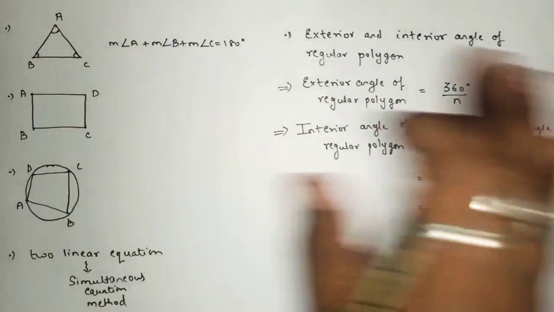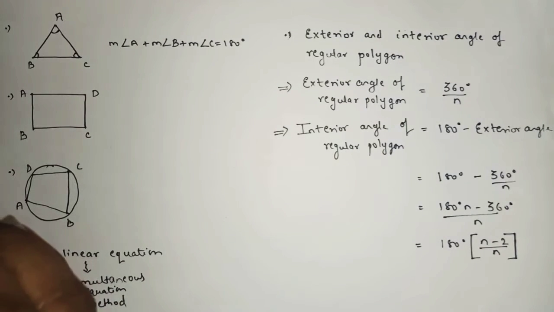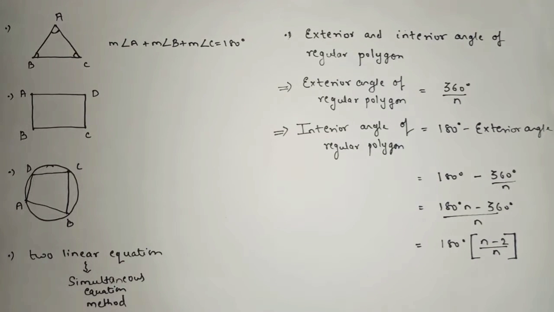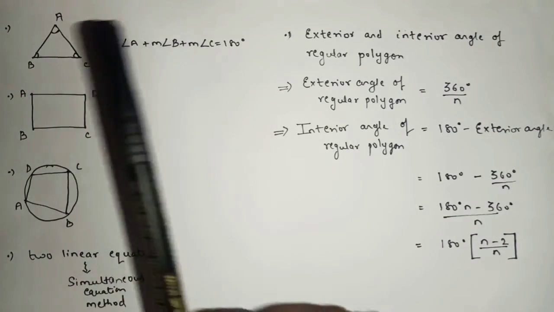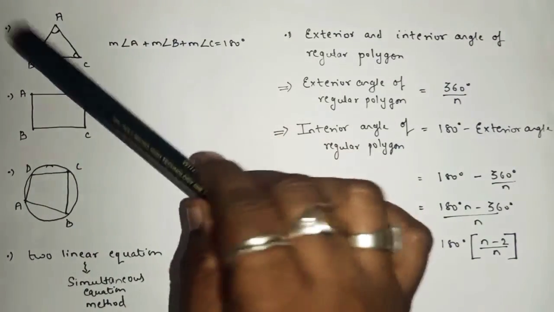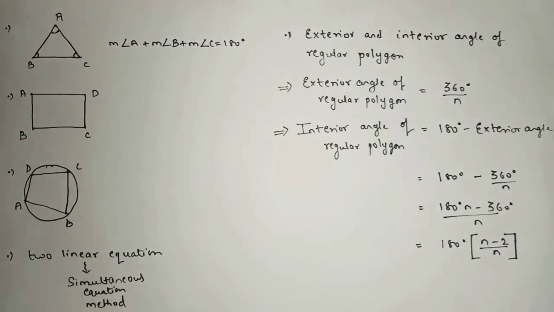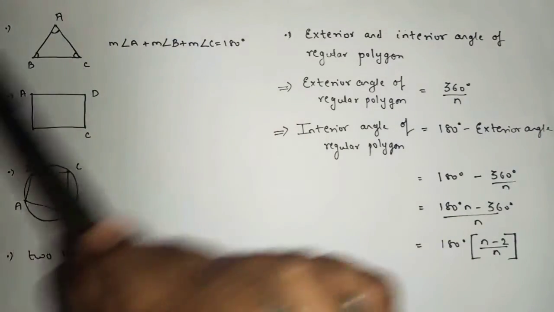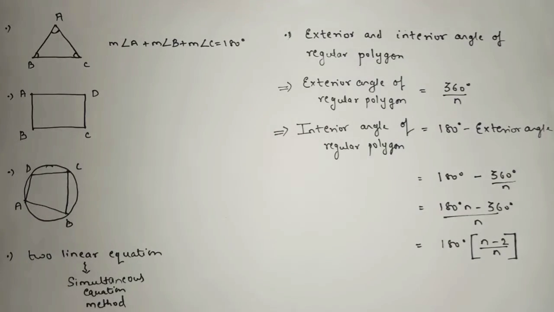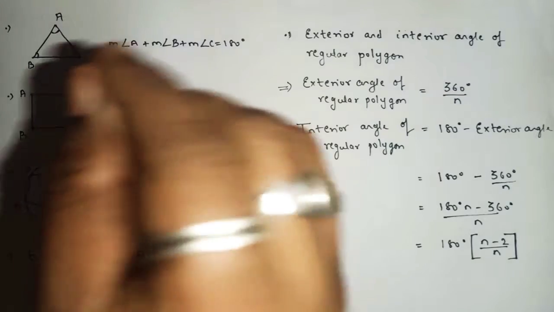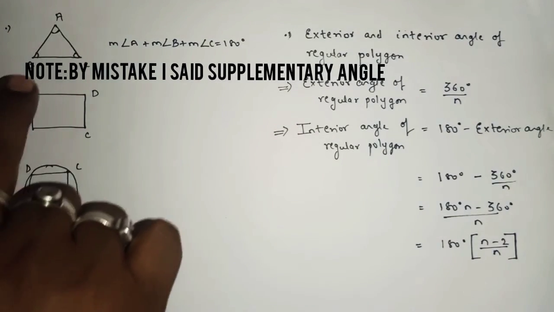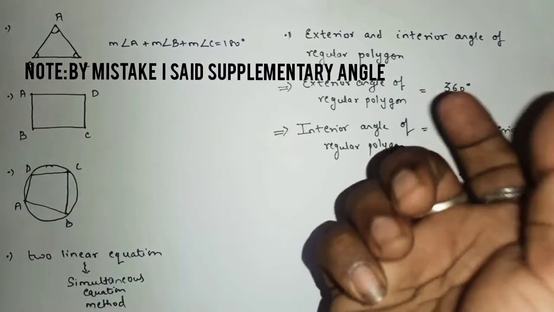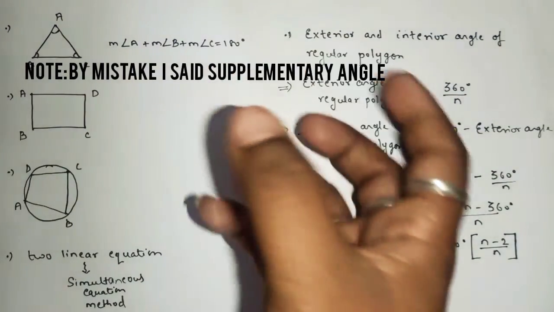I hope you all know this basic thing. Whether you have two angles and have to find the third one, whether you have one angle, whether the angles are in ratio, see to it that you apply this property. The sum of the measure of the interior angles of the triangle is 180. That means measure of angle A plus measure of angle B plus C equals 180. Substitute the value, you will get the answer.